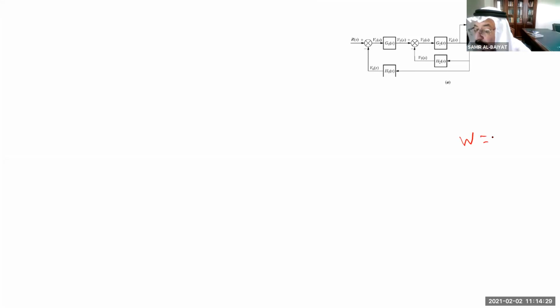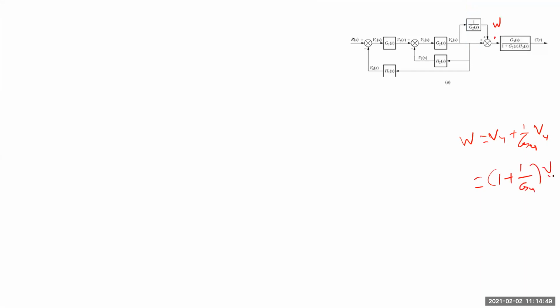W equals V4 plus V4 over G2, which is V4 plus 1 over G2 times V4, which is equal to 1 plus 1 over G2 times V4. So it's a parallel; in a parallel, you add them together.